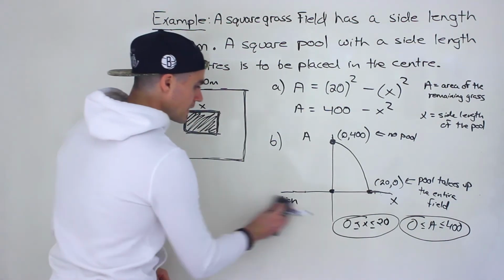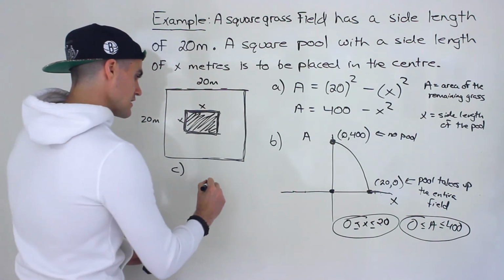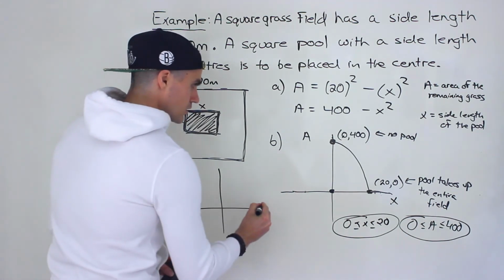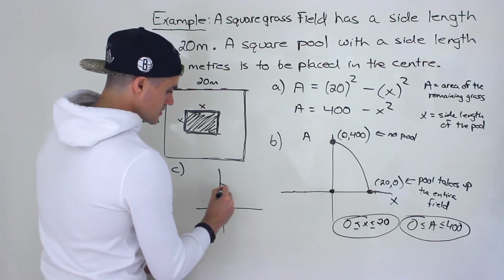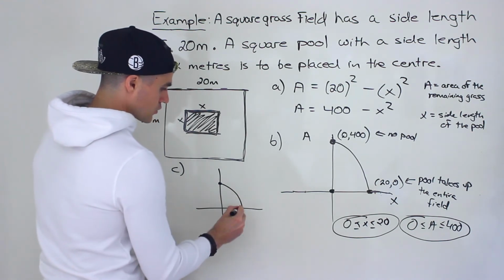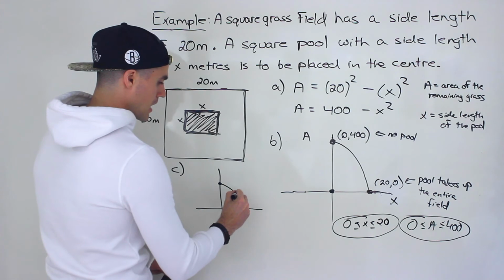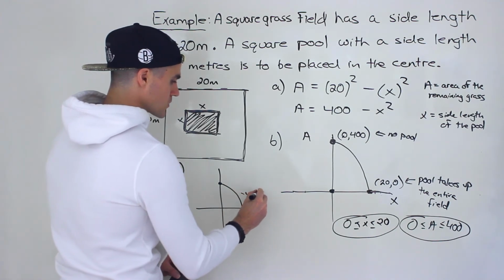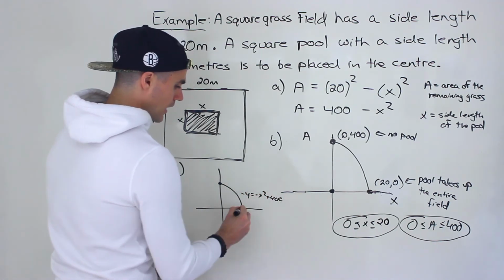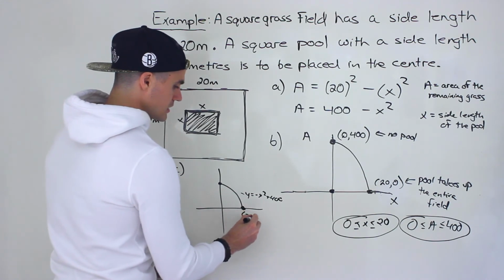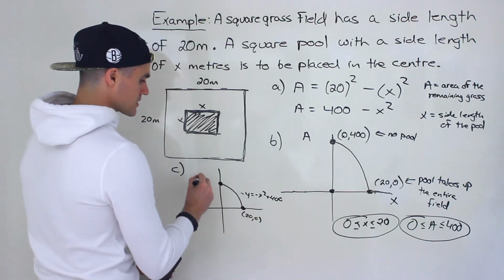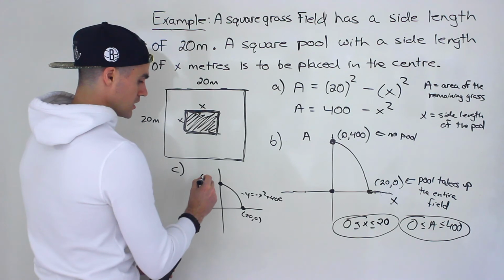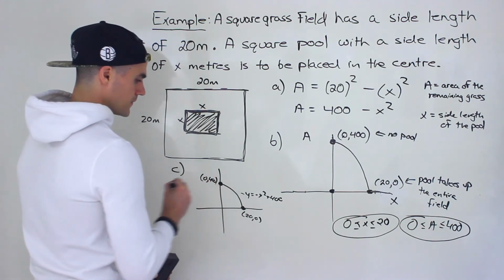Now graphically, the way that looks, let's draw this out. So this graph here is y equals negative x squared plus 400, right? We have an x-intercept here of 20, 0, and over here we have a y-intercept of 0, 400.